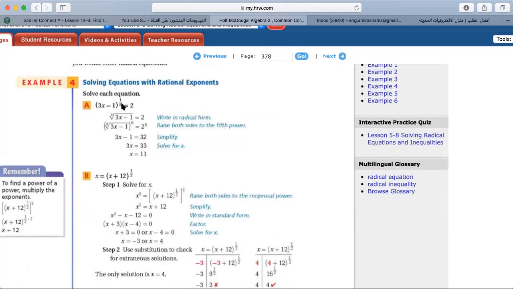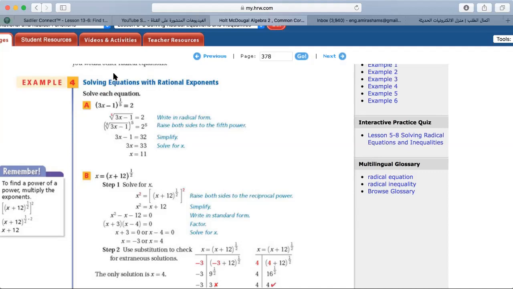If I want to write this in the radical form, how am I going to do this? As I have here a fraction, if I want to rewrite it as a radical, the denominator is the index and the numerator is the power for the whole term.